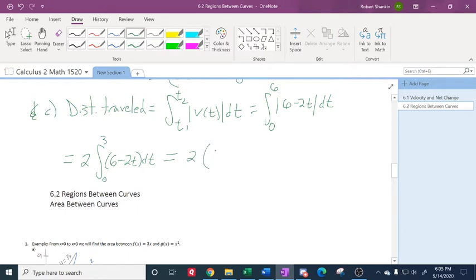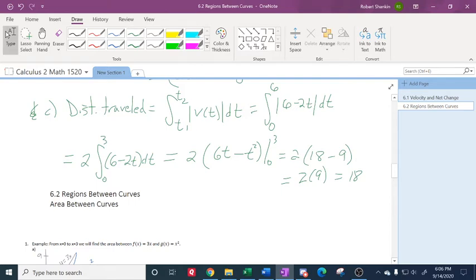We find the antiderivative: 6t minus t squared from 0 to 3. When I plug in 0, everything zeroes out, so I won't bother writing that. 2 times 18 minus 9, which is 2 times 9, which is 18.